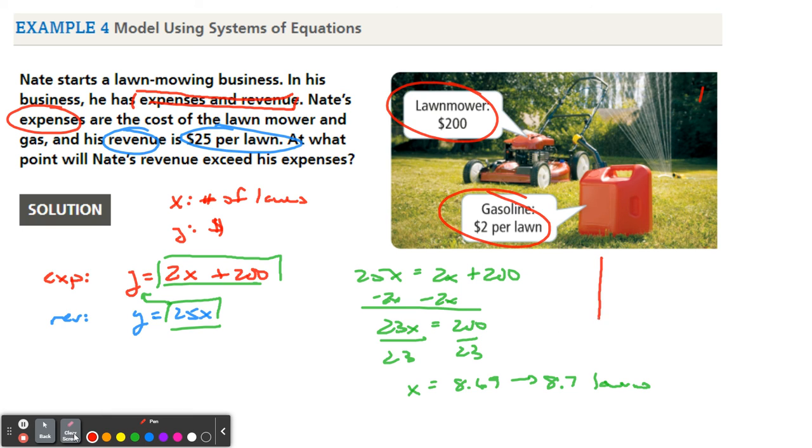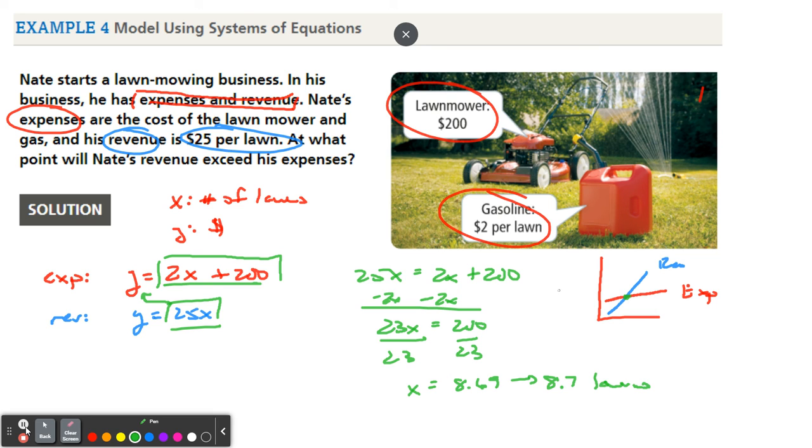So when you're doing a cost graph, you have your expenses that go up, but you're hoping that your revenue eventually exceeds your expenses. This point right here on the graph, this is the break-even point. So anything after that point would mean your revenue is more.